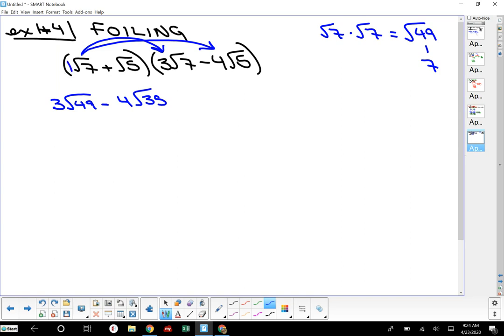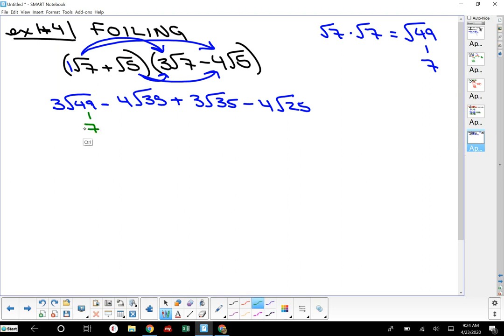Remember, there's an invisible 1 in front of that rad 7. So you're multiplying the 1 times the negative 4. Now I'm going to do rad 5 times 3 rad 7, which is 3 rad 35. And then rad 5 times negative 4 rad 5, which is negative 4 rad 25. Okay, so now we simplify.